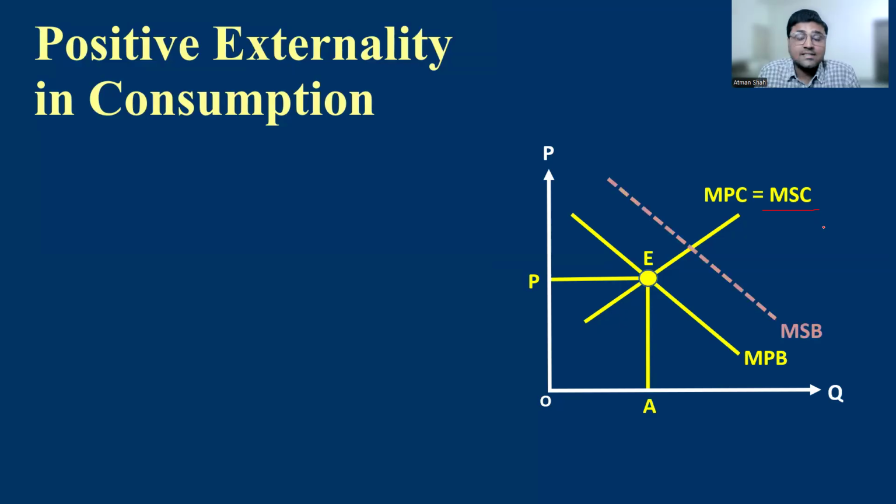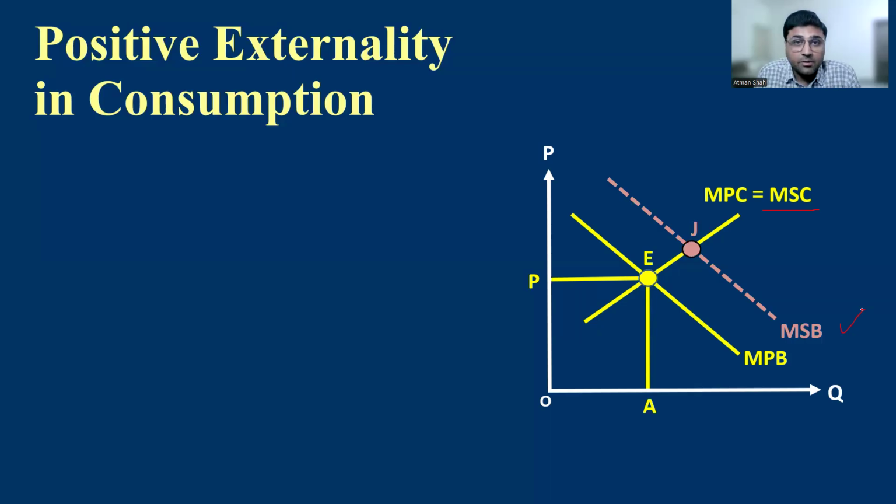Now, if we consider the social benefit or external benefit, that means this MSB curve, that is the marginal social benefit curve, is to the right of the marginal private benefit because external benefit is included here in MSB.